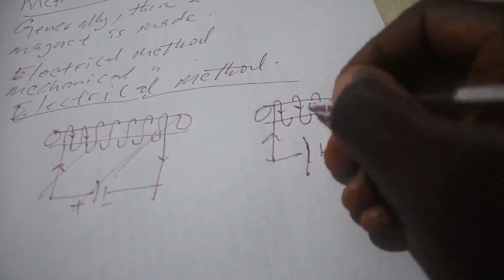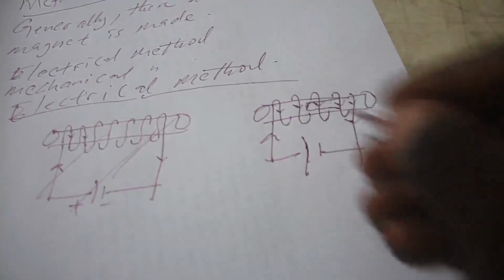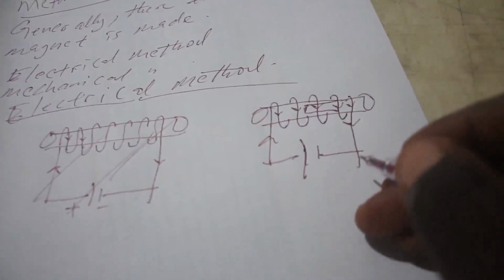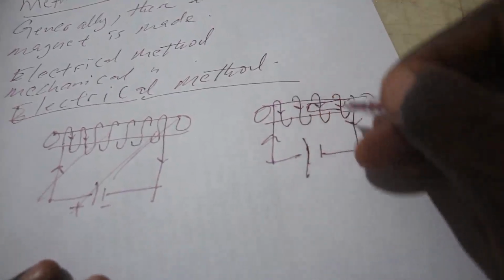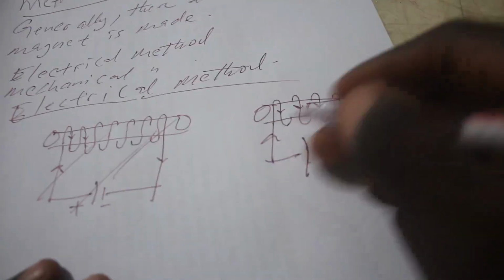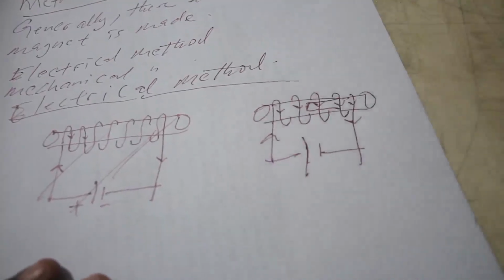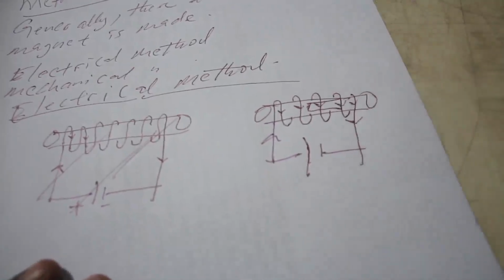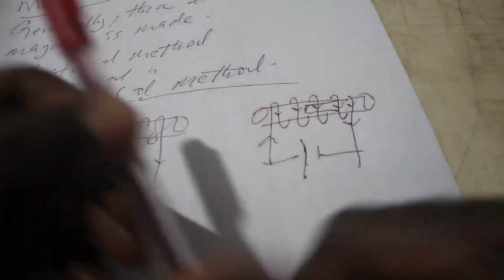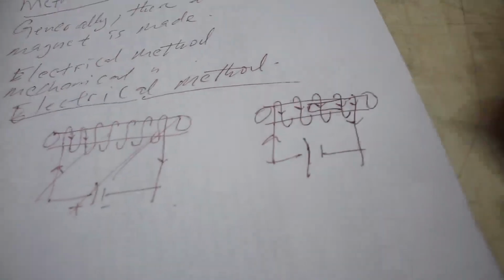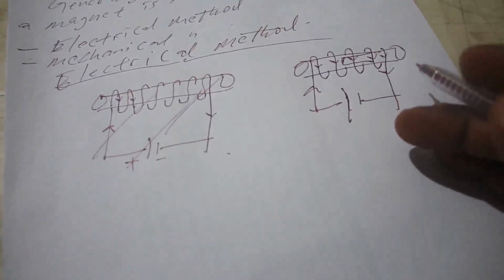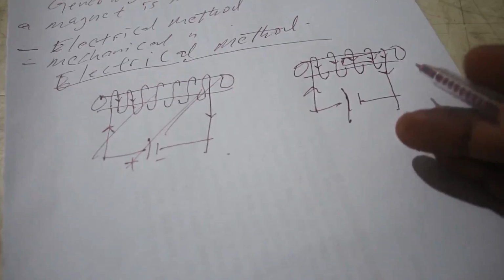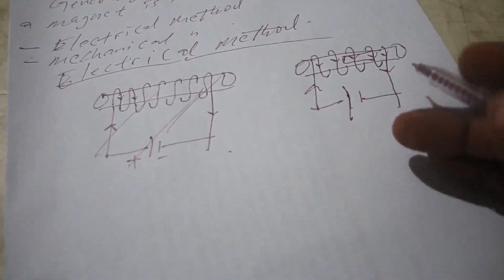The substance to be magnetized is put into this place, and then you turn on the switch. Allow current to flow momentarily around the coil, just for a few seconds, and then you switch it off. When you bring out the specimen inside, it becomes a magnet. You can use it to pick up anything. So that's the easiest or the best way to make a magnet, by utilizing the magnetic properties of the flow of current. You see, so that's about the electrical method.